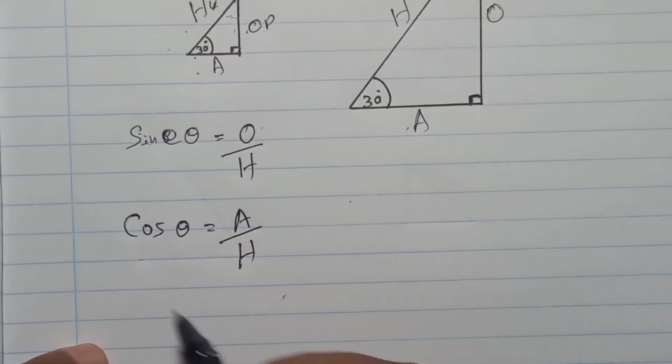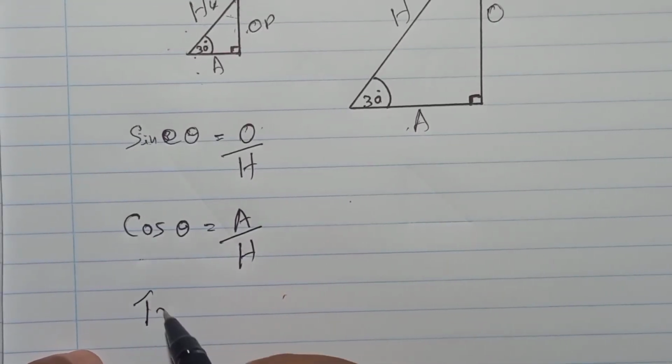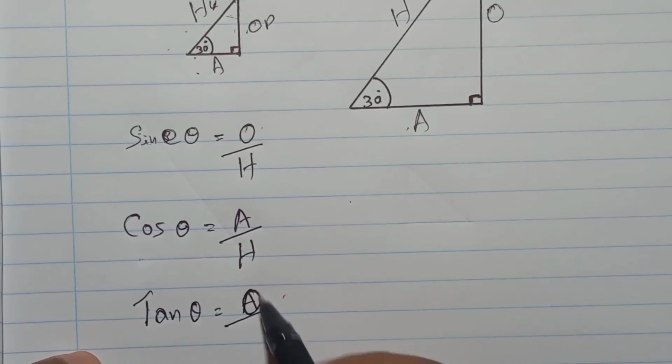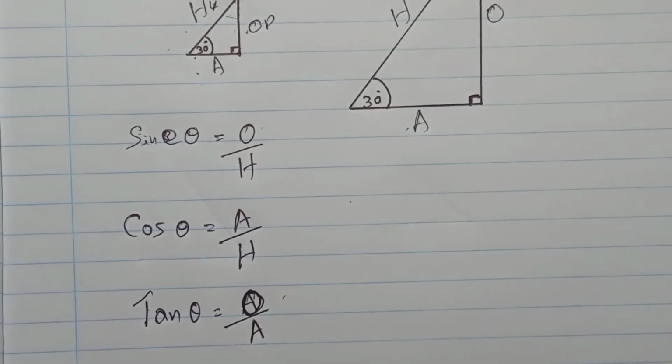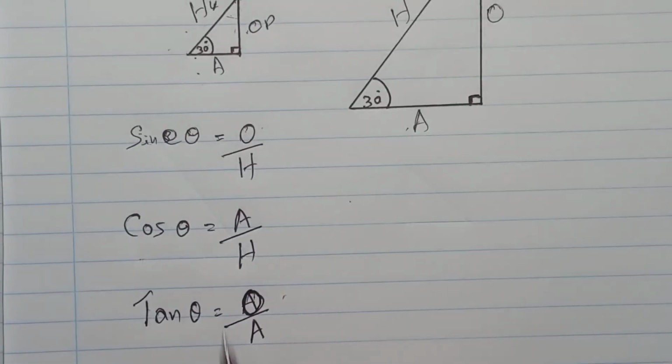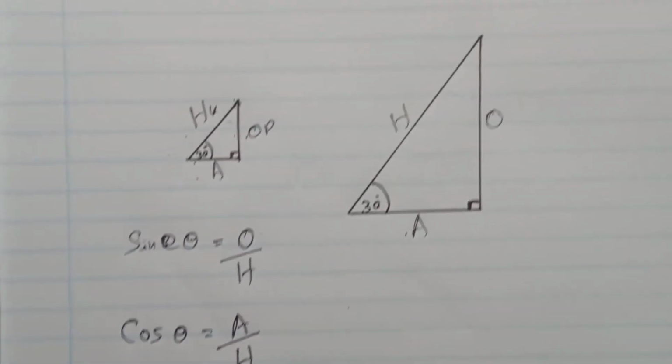And if you write tan theta, it will be opposite over adjacent. These you need to remember, right? Sine ratio, cos ratio and tan ratio. So why can we use them like that?